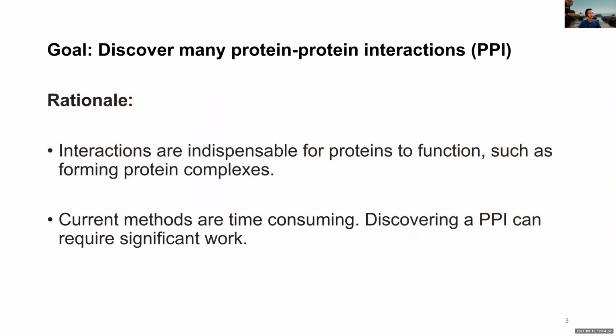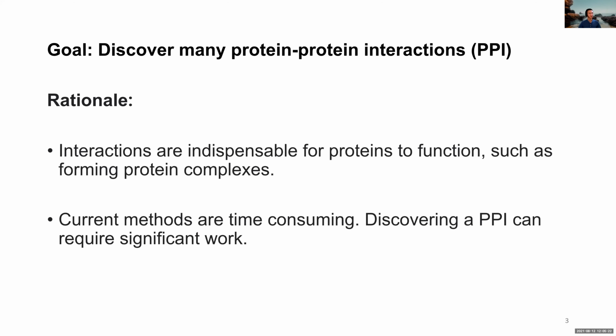So the goal for this project is to discover as many protein-protein interactions as possible. Protein interactions are extremely important. Essentially, most of the functions of the protein, as we know, including signal transduction and forming protein complexes, all rely on some form of protein-protein interactions.